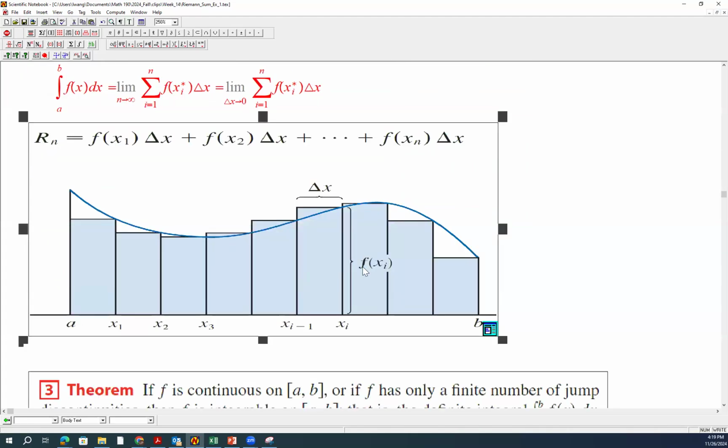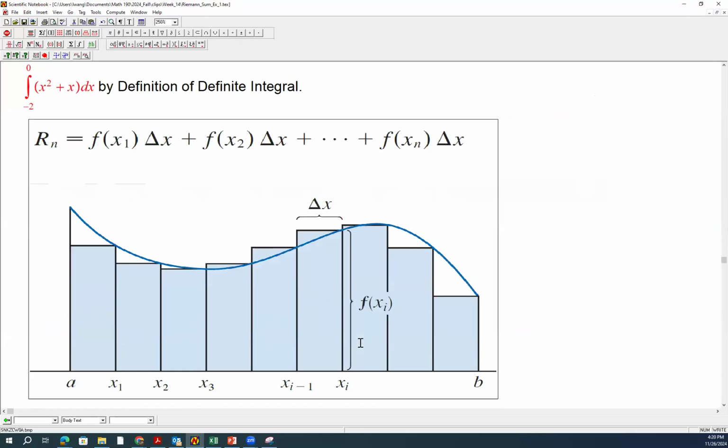If you look at this picture, this is the ith interval. So in the first interval, you pick any xi star, a point in between. And these are the choices of the right endpoints.